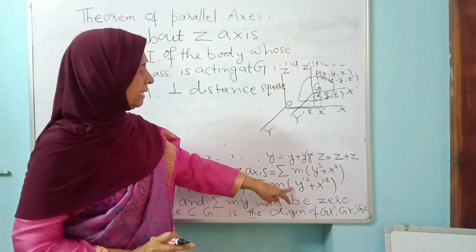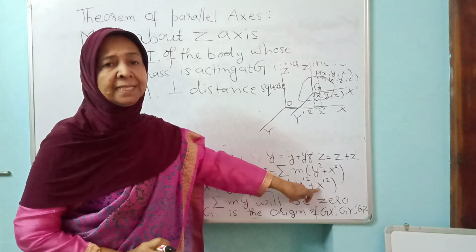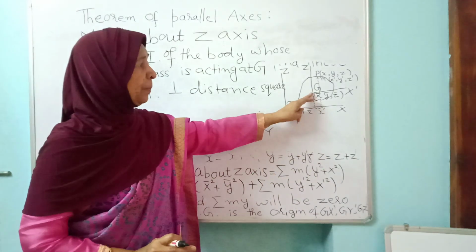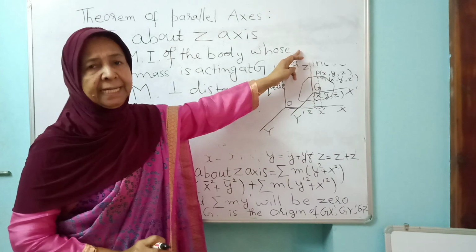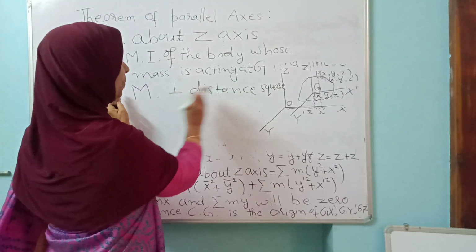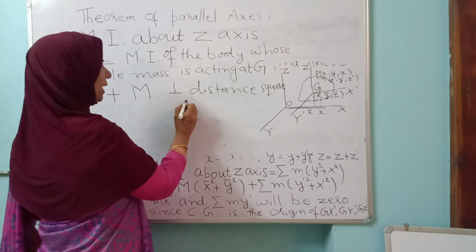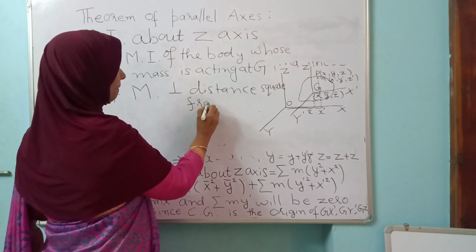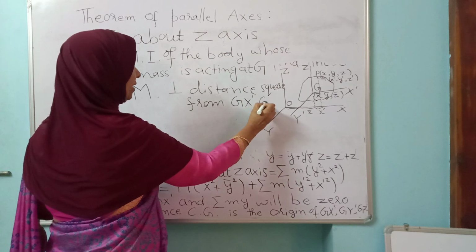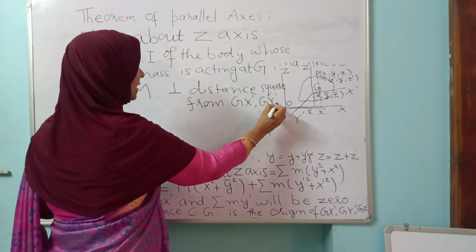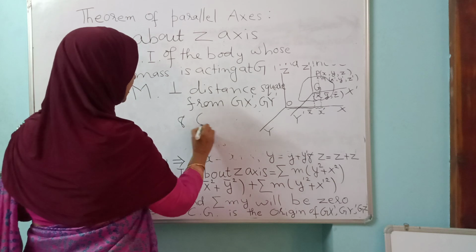Because this is the perpendicular distance square with respect to gx dash, gy dash, gz dash. So mass into perpendicular distance square from gx dash, gy dash and gz dash.